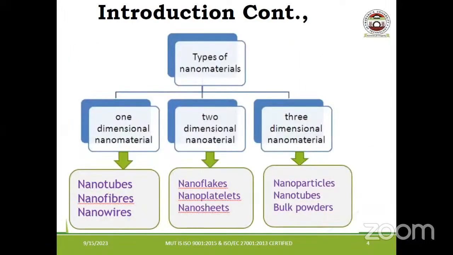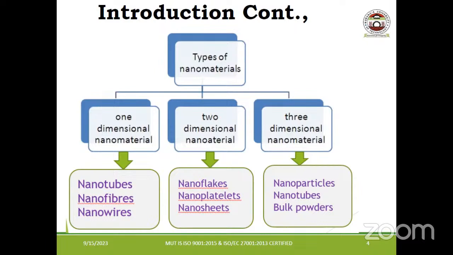We have types of nanomaterials that can be synthesized for this application. We have the one-dimensional nanomaterials, which come in terms of nanotubes, nanofibers, and nanowires. You have the two-dimensional nanomaterials also, in terms of nanoflakes, nanoplatelets, nanosheets.